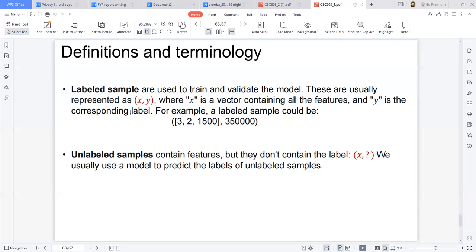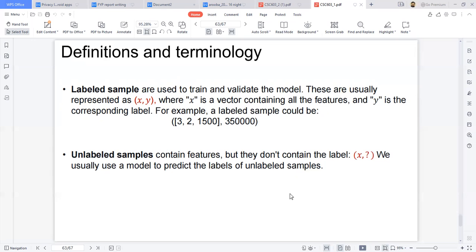For example, a labeled sample could be 3 to 1500, where this is the input data X and then this is the label. Unlabeled samples contain features, but they don't contain the label. Like we have the X, but we don't have the Y.